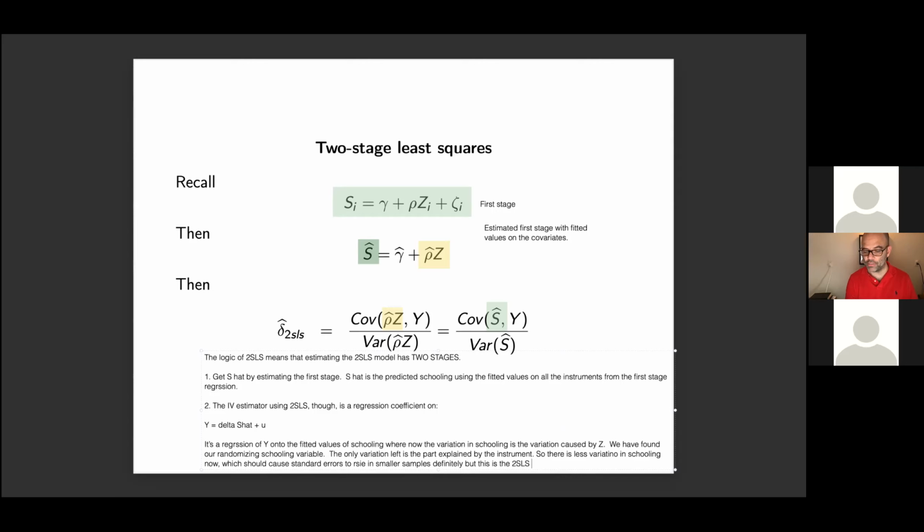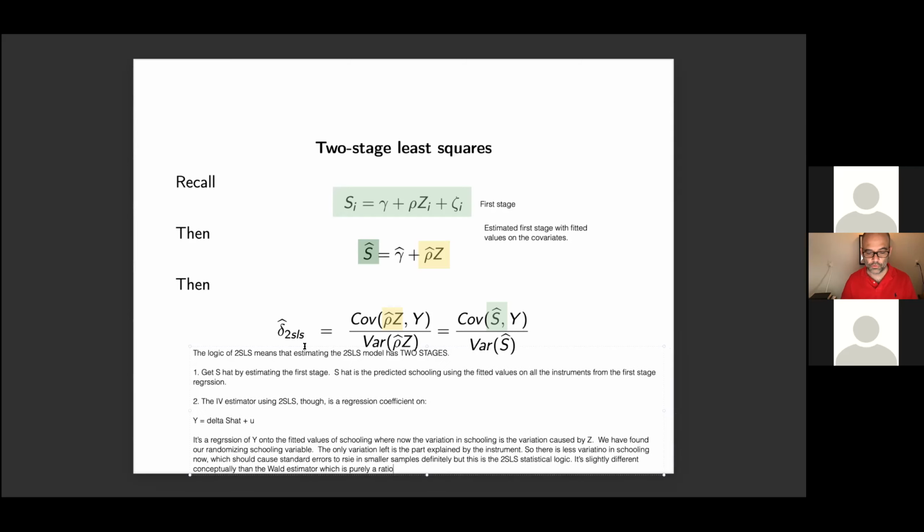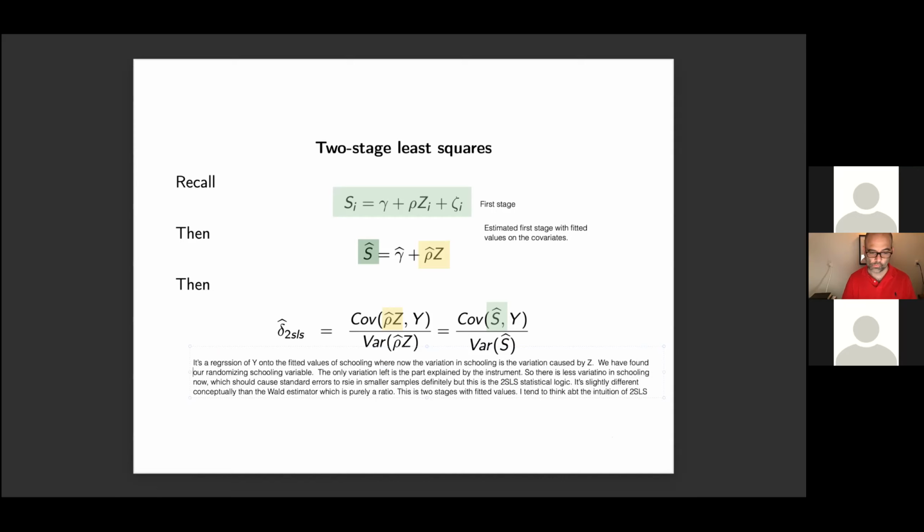But this is the two-stage least squares statistical logic. It's slightly different conceptually than the Wald estimator, which is purely a ratio. This is two stages with fitted values. I tend to think about the intuition of IV in terms of two-stage least squares, but many of my friends think about the intuition of IV in terms of Wald ratios.